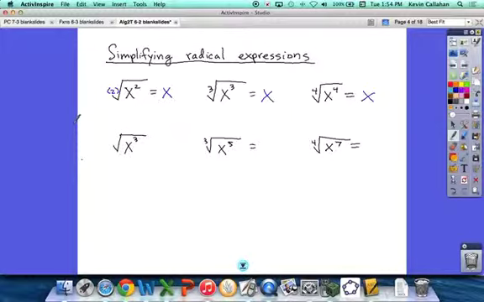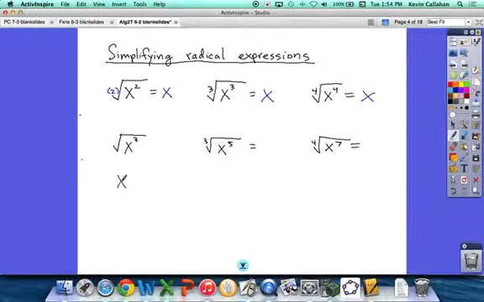Now, when you have the square root of x to the third, you're going to be able to take out some x's, but not all of them. The way I think of it is like this: does 3 divide evenly by 2? No. So try to split it up. What's the greatest number less than 3 that is divisible by 2? 2.